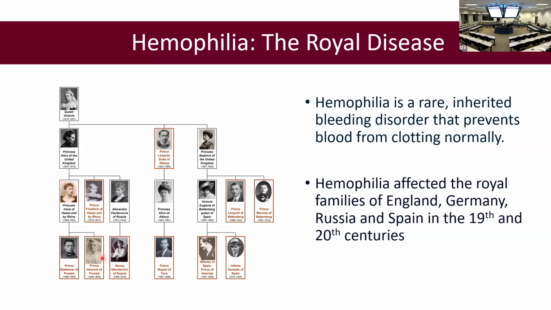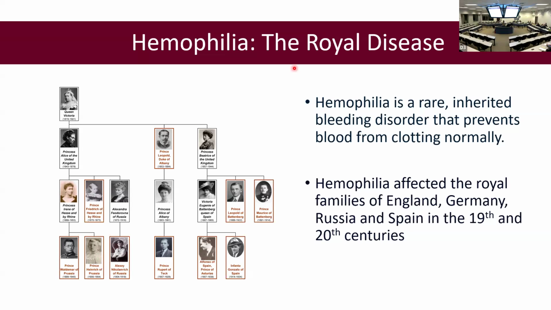A classic example is hemophilia, as some of you might be familiar with this type of disease. This was nicknamed the royal disease because in the 19th and 20th centuries, when England, Germany, Russia and Spain had their royal houses, they wanted to maintain their royal blood as close as possible.